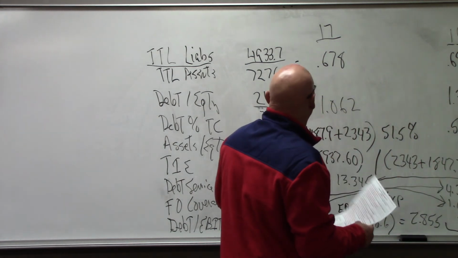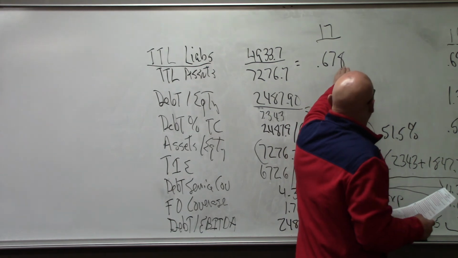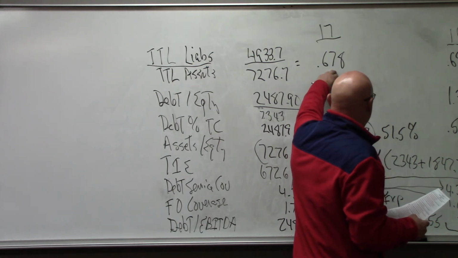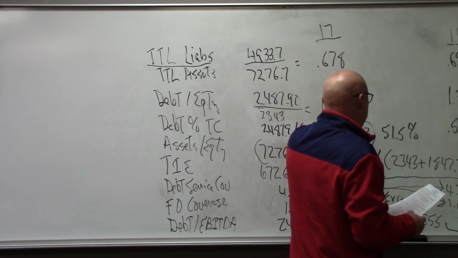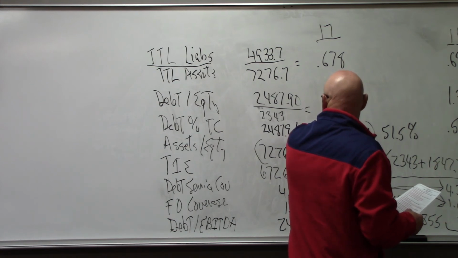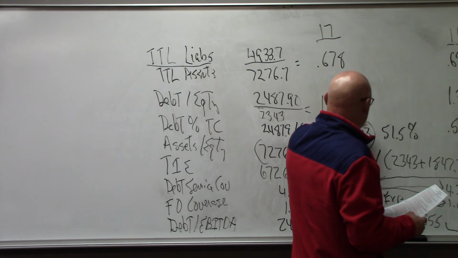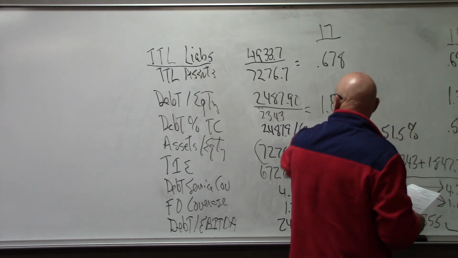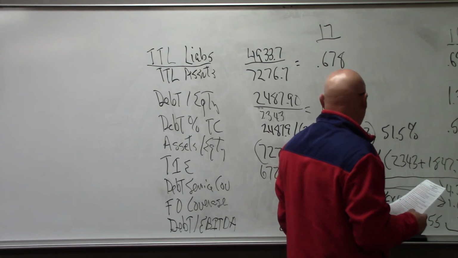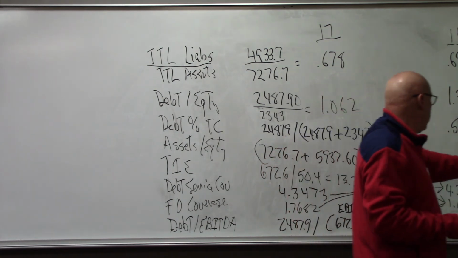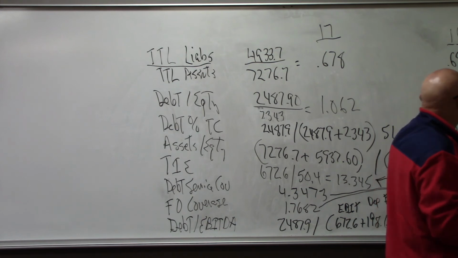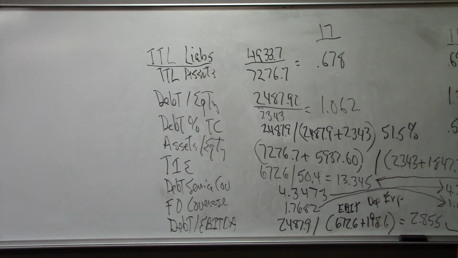All right, so what we're seeing is their leverage by this ratio went down a little bit in 17. By debt to equity, it went down a good bit in 2017. Once again, it went down in 2017 by debt as a percentage of total capital. Their assets to equity also went down, so that's good. So this is lower leverage.